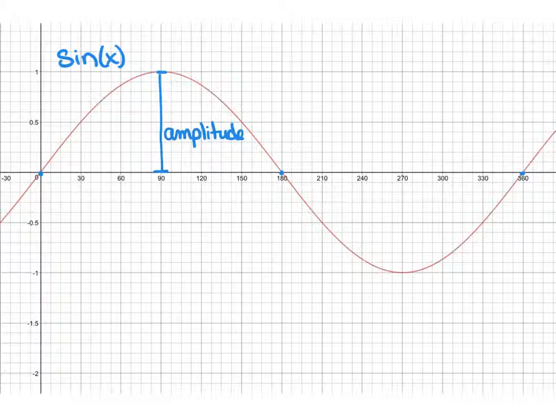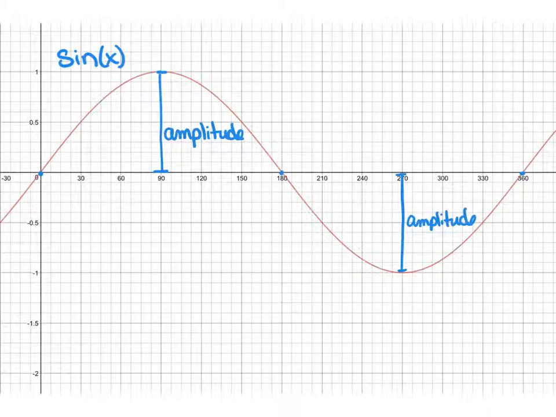You also get an amplitude this way, and notice it's from 0 to -1, which means it's an amplitude of 1. Some people call these hills and valleys, but basically the amplitude is the maximum distance away from the middle line of your graph. In our case, it's the x-axis.